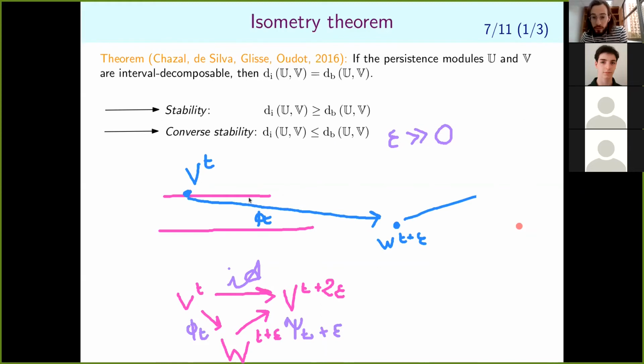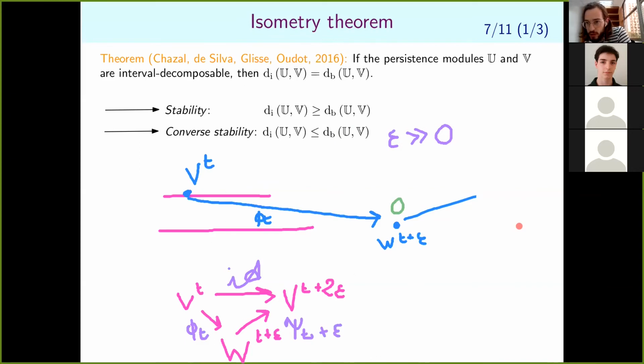So if epsilon is very large, each time we consider this diagram, we will go outside the interval. And if we go outside, what we have here is the 0 vector space.